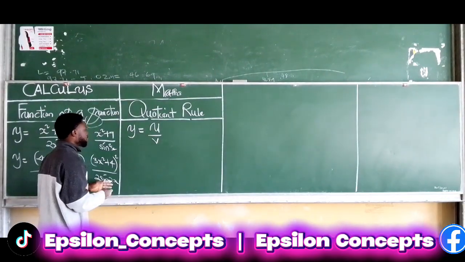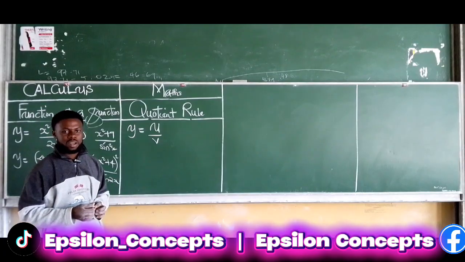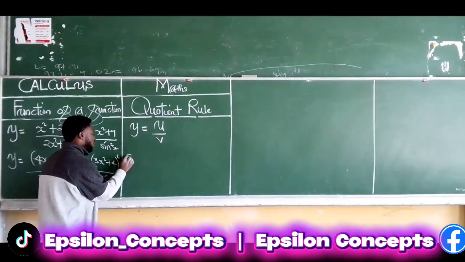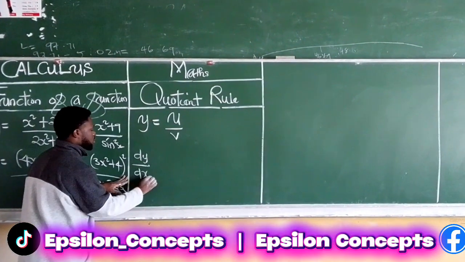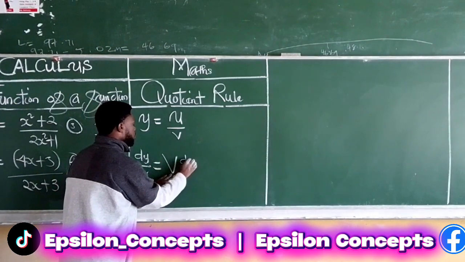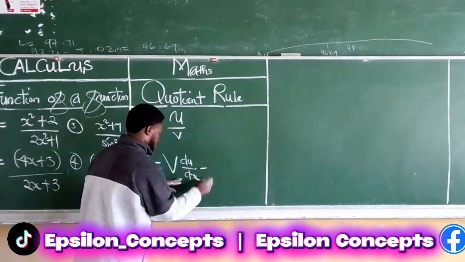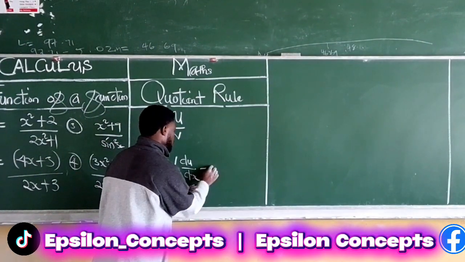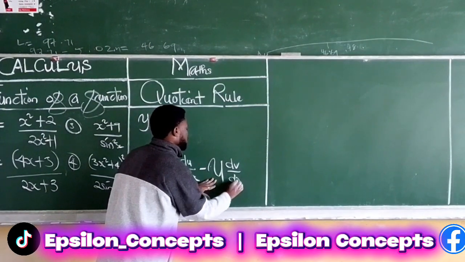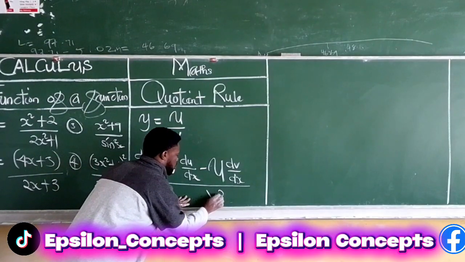Then, generally, if a function is given to us and we are required to determine the derivative of that function with respect to the independent variable, then dy over dx is equal to v du over dx minus u dv over dx, all divided by v squared.